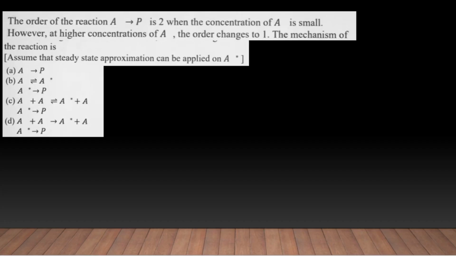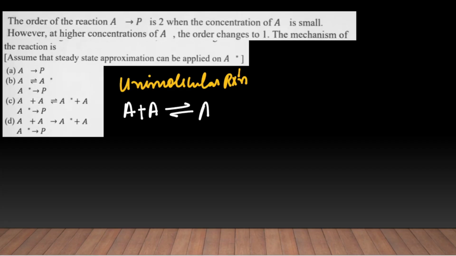So we know that the unimolecular reaction, for this if you see the mechanism that we have, it is A plus A. This is in equilibrium with A star plus A. This follows the rate constants K1 and K inverse, and the A star goes to the product P. This is with the rate constant K2.